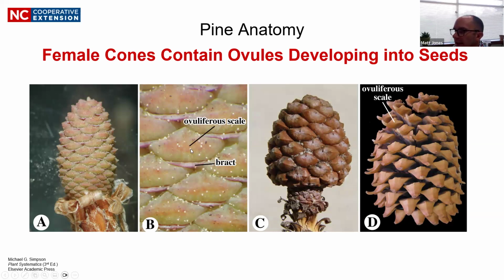The pollen grain then takes a very long time, a year or more, to digest that woody scale and deliver the sperm cells to the base of the ovule to fertilize the egg.